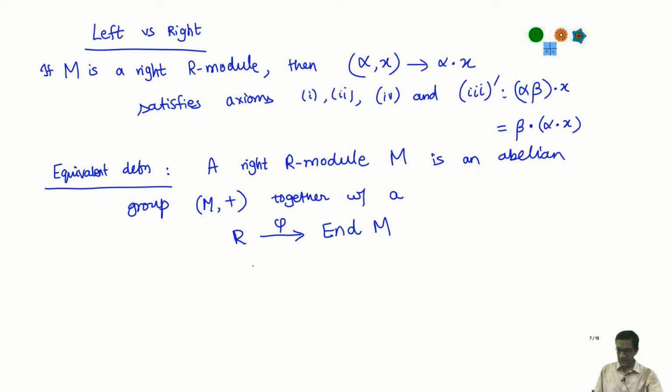Now the property that phi has to satisfy is what's sometimes called an anti-homomorphism, not a homomorphism.